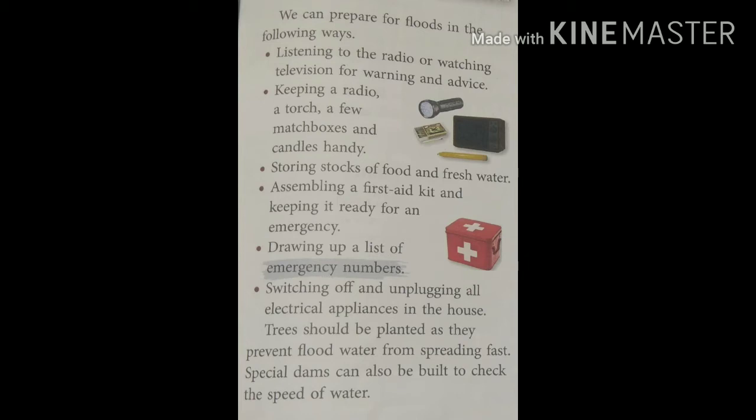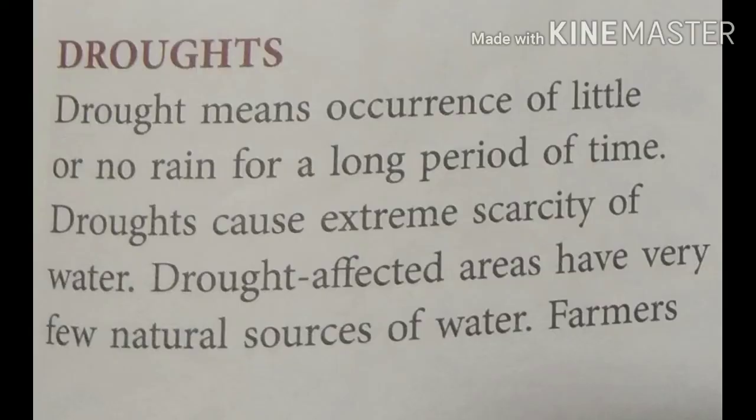Trees should be planted as they prevent flood water from spreading fast. Special dams can also be built to check the speed of water.